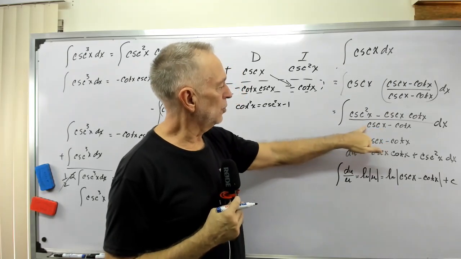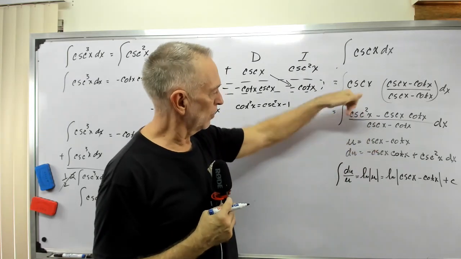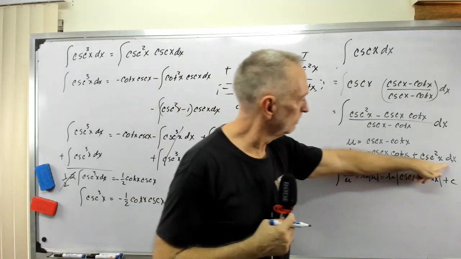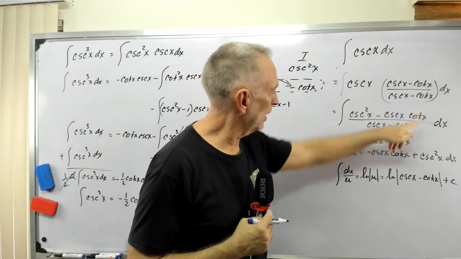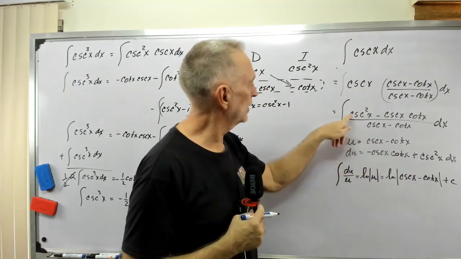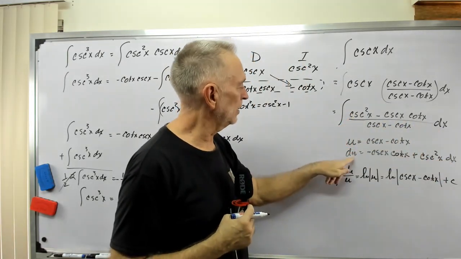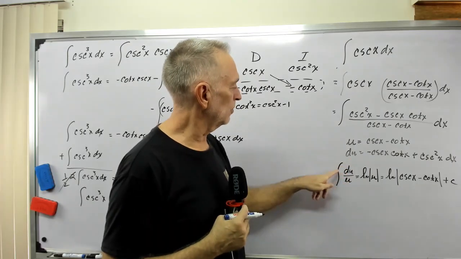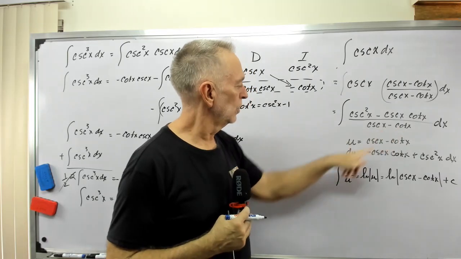Well, if you let u be what's in the denominator, its derivative is what's in the numerator. So this minus cosecant x cotangent x plus cosecant squared x dx, all of that is du. So I end up with the integral of du over u.